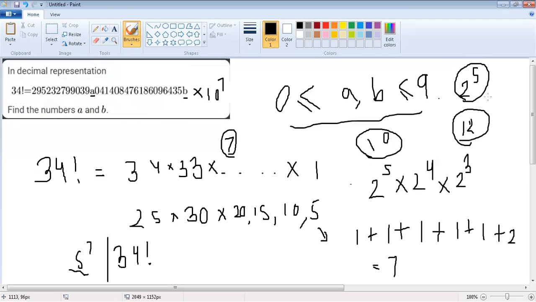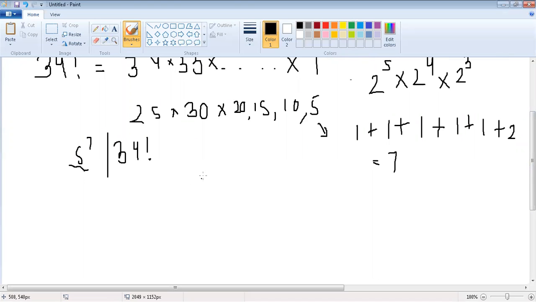This number must be divisible by 2 to the power 5, so it would also be divisible by 2 to the power 3, that means 8. The divisibility test of 2 to the power 3, or 8, is that the number formed by the last 3 digits in order must be divisible by 8. So 350b, what I am saying is 8 divides 35b.